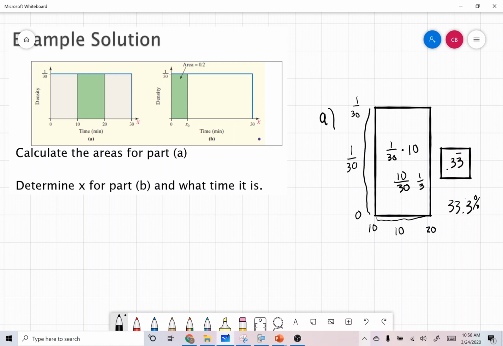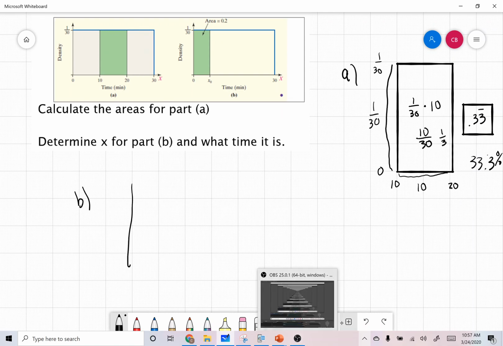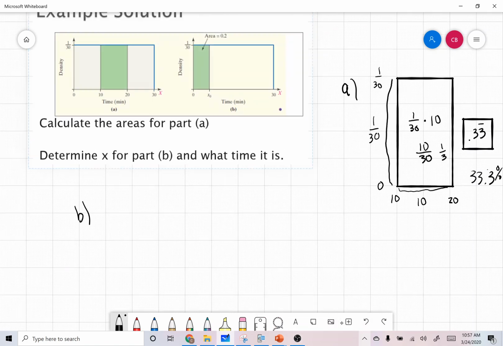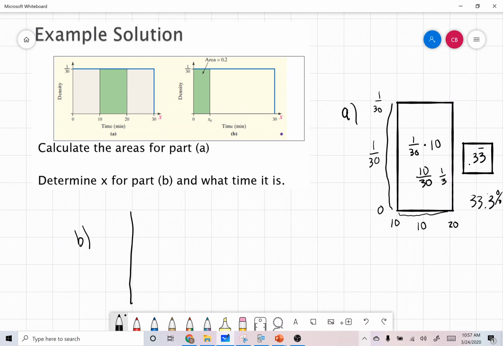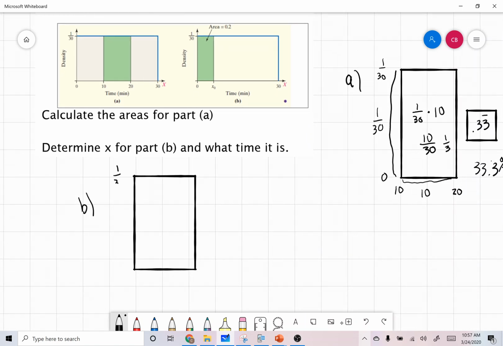Okay, so now for part B. Remember, it told us that there's a 20% chance that they arrive on time up until a certain point. They want to know what time that is. So let's draw the picture. We have 1 over 30 as the height, and we have 0 here and x1.